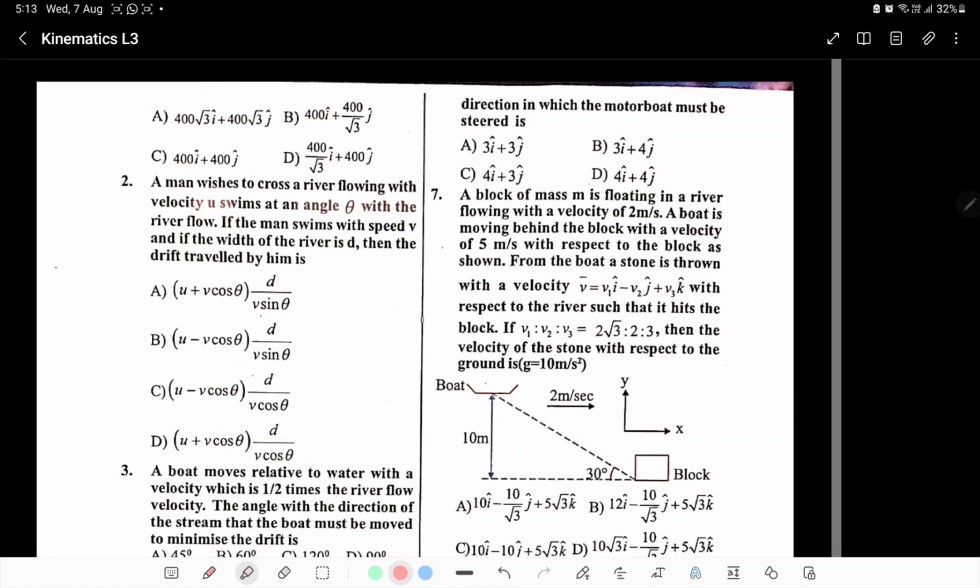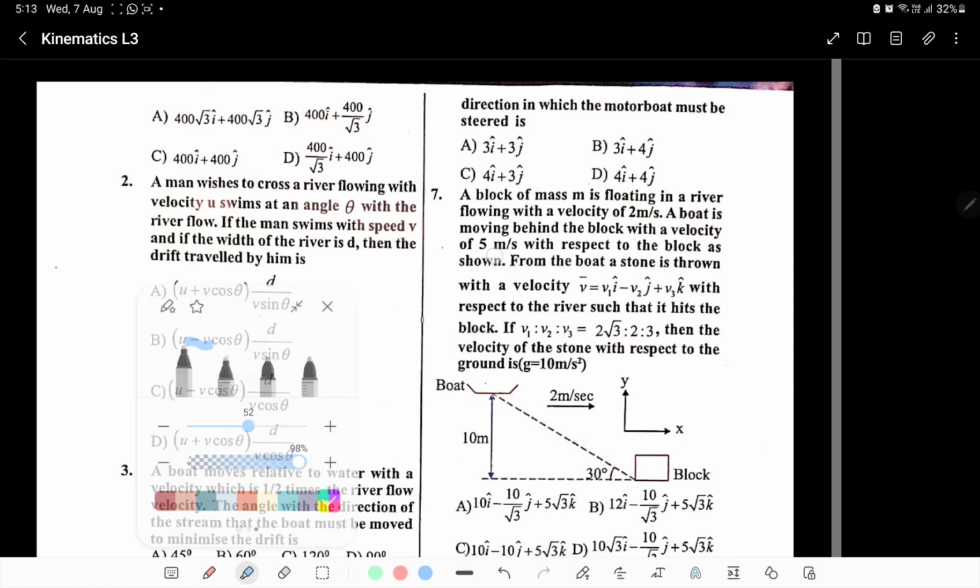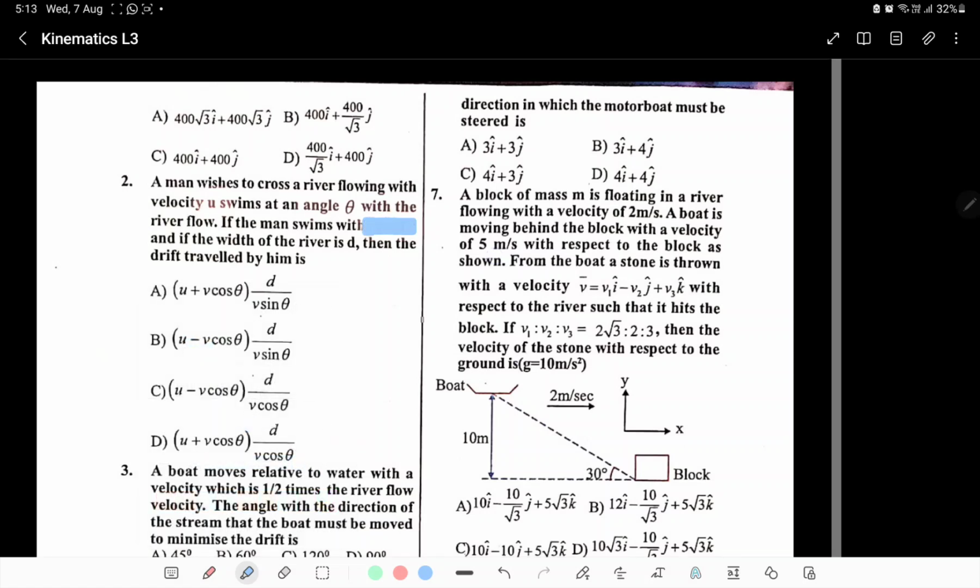If the man swims with the speed v, so this is the man's velocity. That is the speed with which he swims, making an angle theta. Then we have to find out the drift. That is the question.